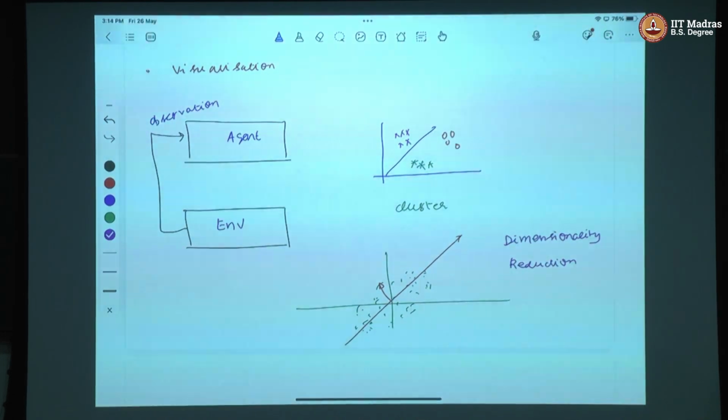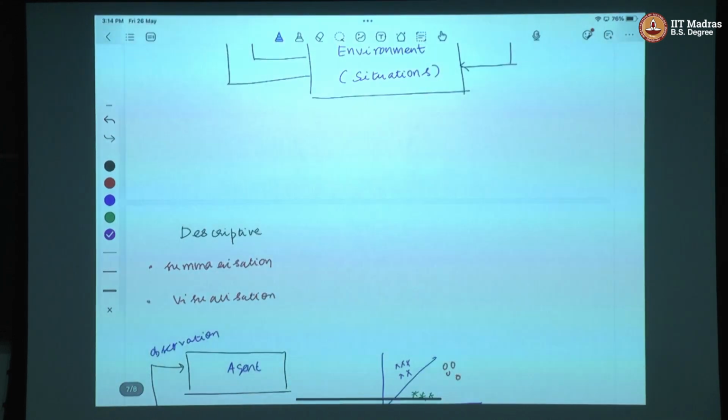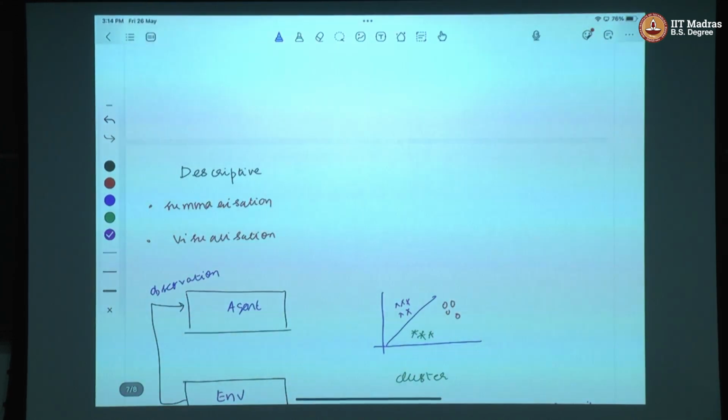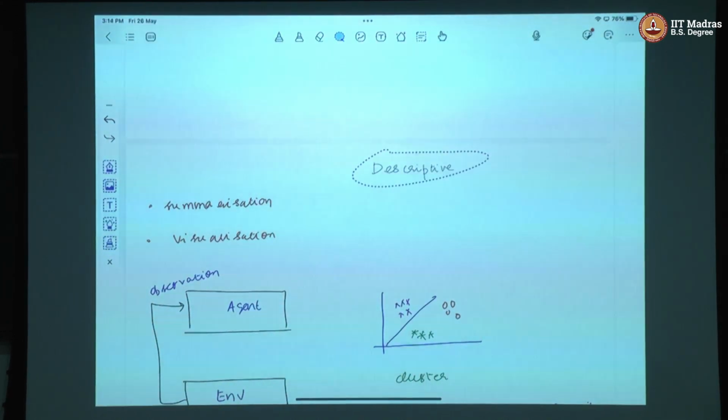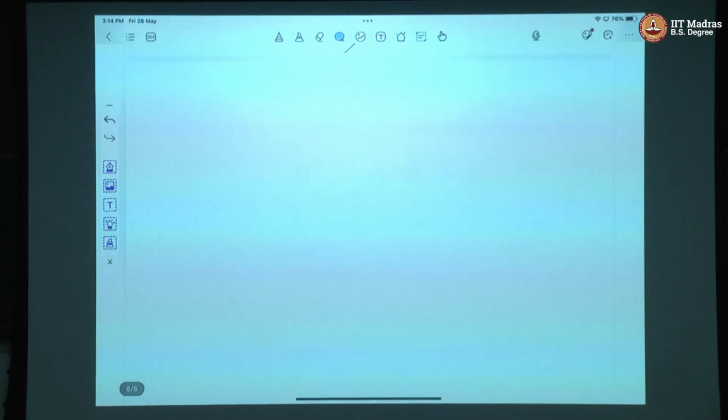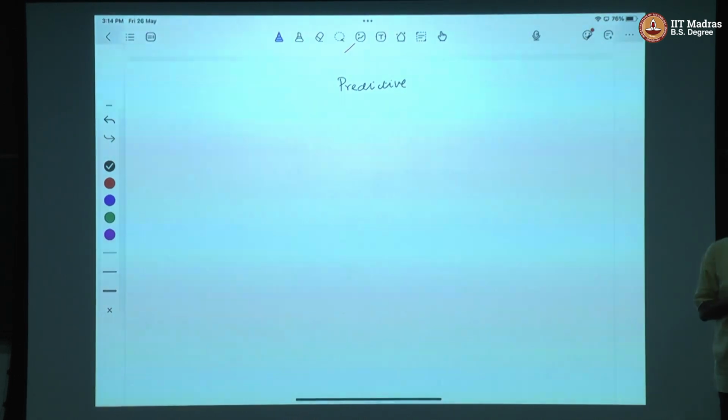Okay, so next comes what is known as the predictive tasks. This is what is known as descriptive. Then can you give an example of a predictive task?